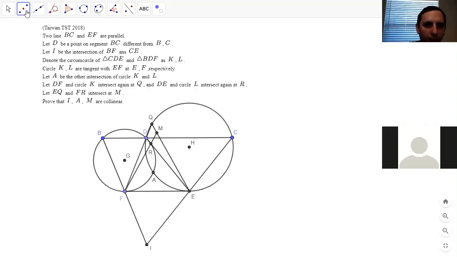So let me label the midpoint of CD. Can we show that angle CQJ is DQE? Well, wait, sorry. Oh no, not CD.